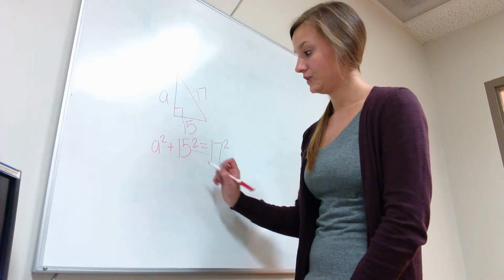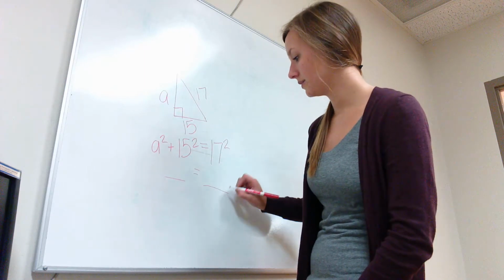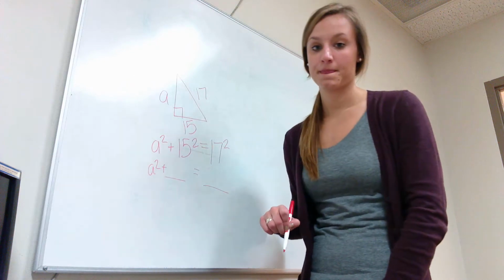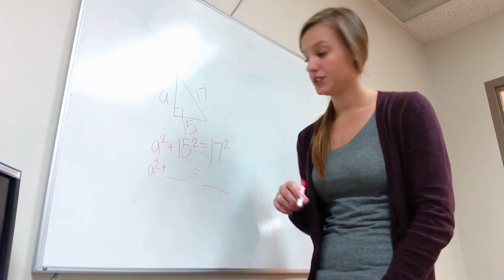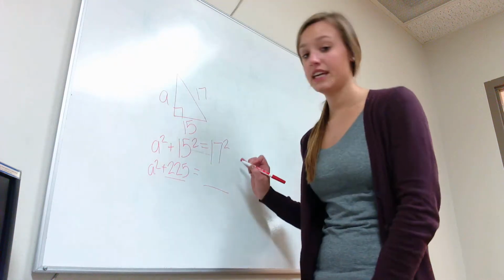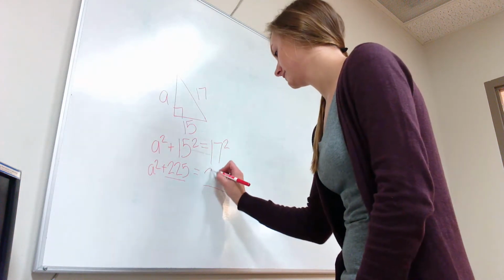Now we are going to solve for the squares, so I would like for you to plug these into your calculator, maybe think about what they are. For 15 squared, we should have got 225. And for 17 squared, we should have got 289.